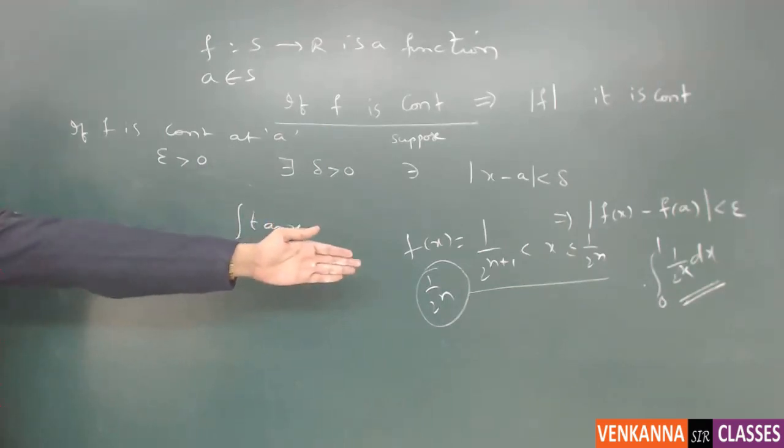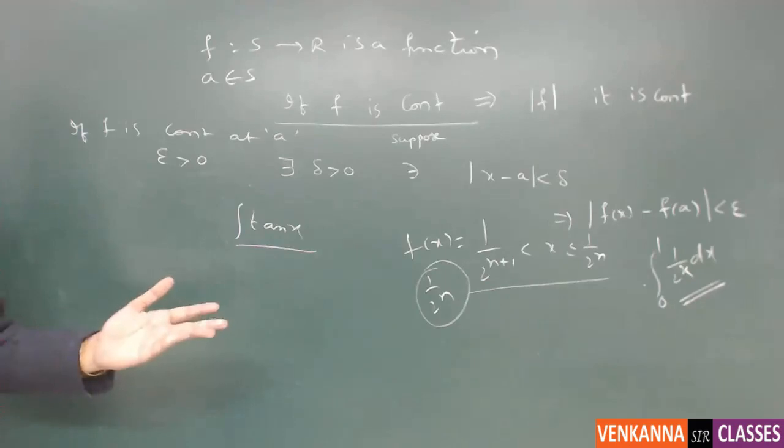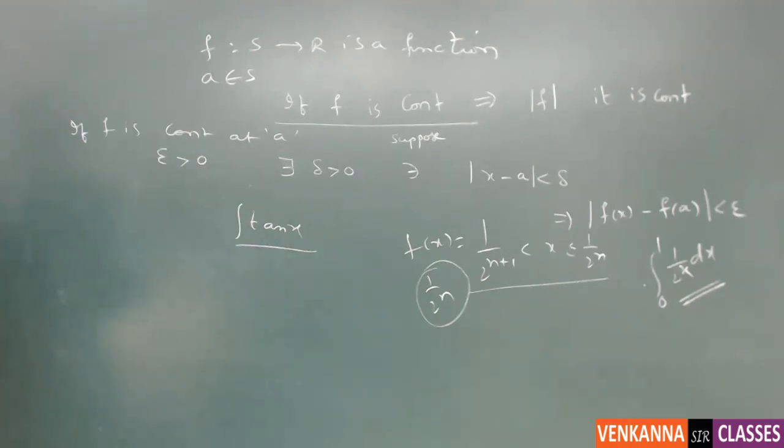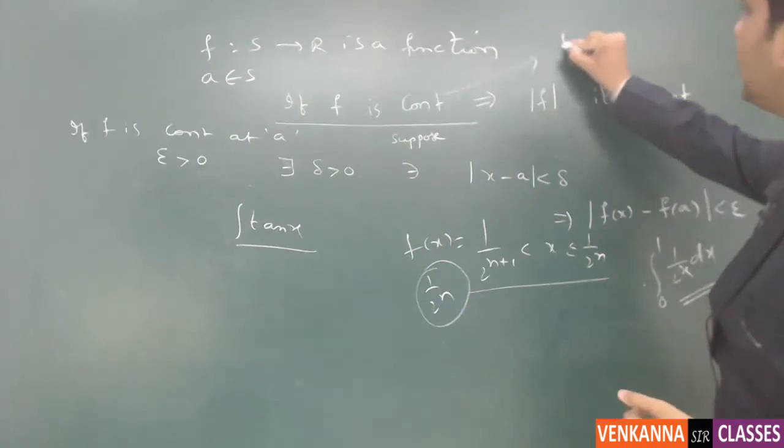Here also such a situation will arise. Why am I choosing this conversation? Because the concept of continuity is related to integrability. While doing integration, we will learn that if the function is continuous, then it is integrable, and you are going to find its integration value. So if f is continuous, then f will be integrable.